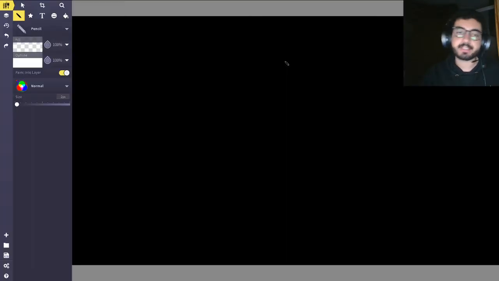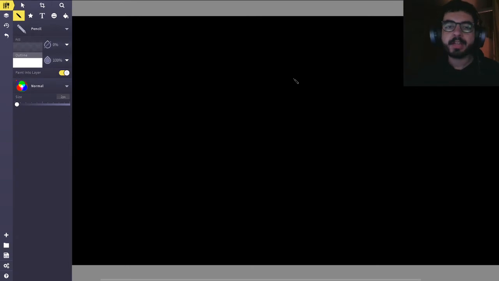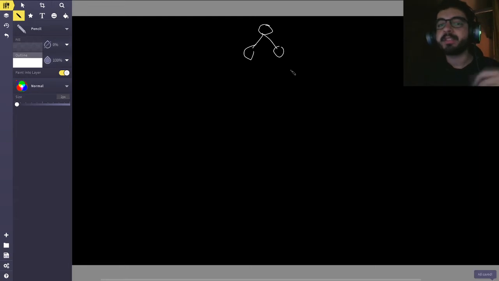Let's first start by defining what a heap is. A heap is basically just a complete binary tree. At that point, you would ask, what is the difference between a binary tree and a complete binary tree?